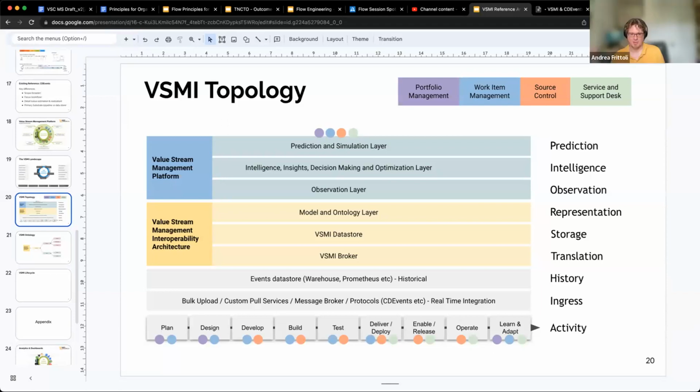But the other use case that we have is more in the direction of the historical type of data, if you will. So from our point of view, having all the different tools in your tool chain producing CDEvents allows our end users to collect all the data across the workflows, and then crunch that data at a later stage, so that you can build things like metrics, for instance.